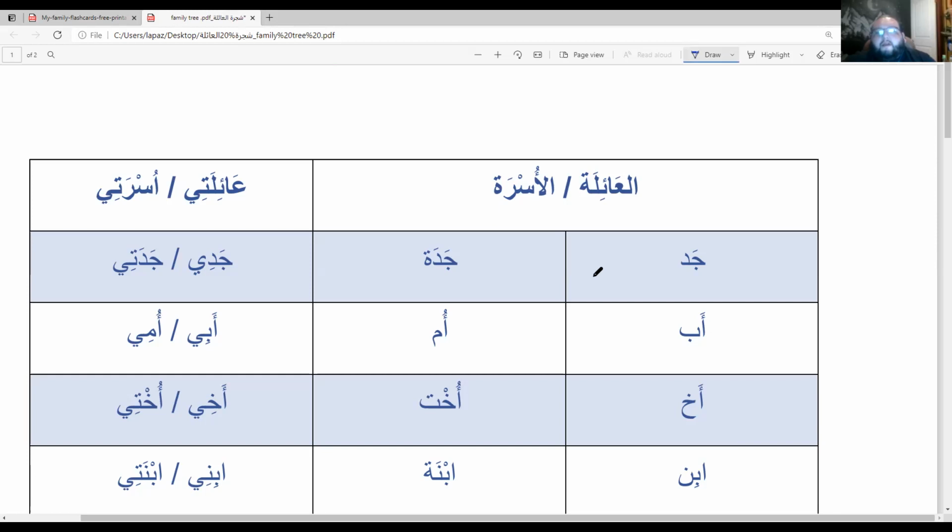Okay. And for father, I've seen girls too call them Baba. Yes, we say Baba actually. I wouldn't say Abi or Ummi. I would say Baba and Mama.